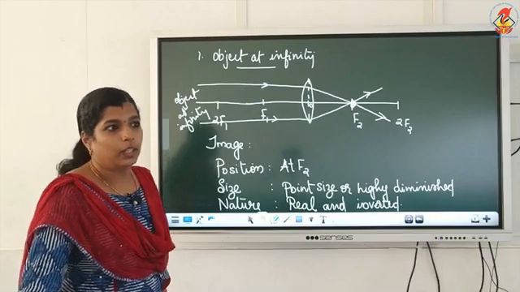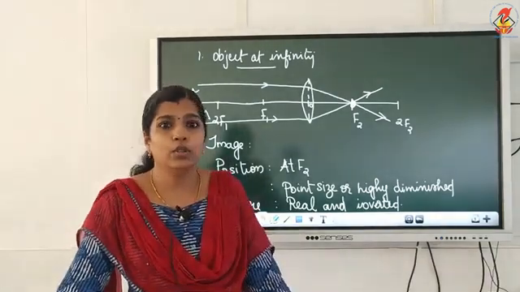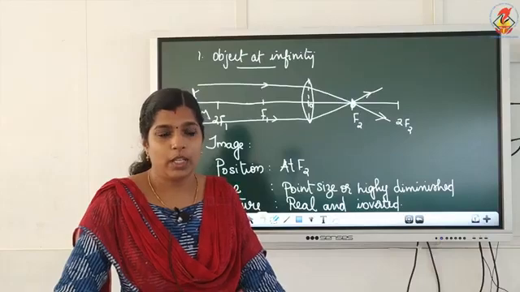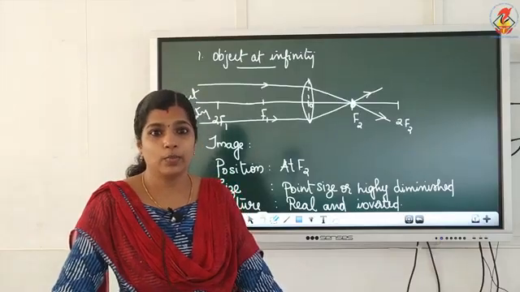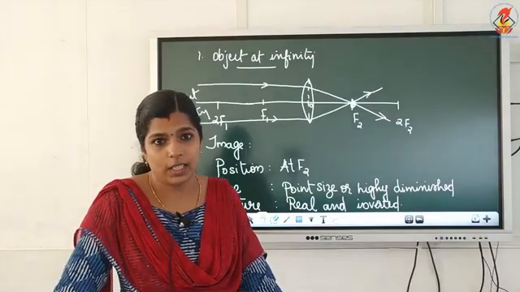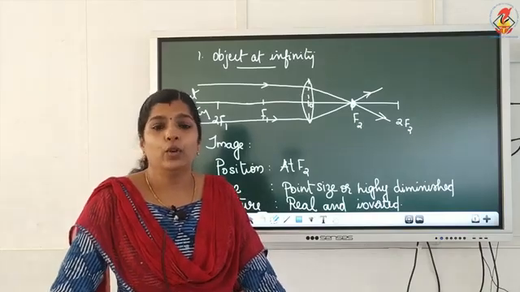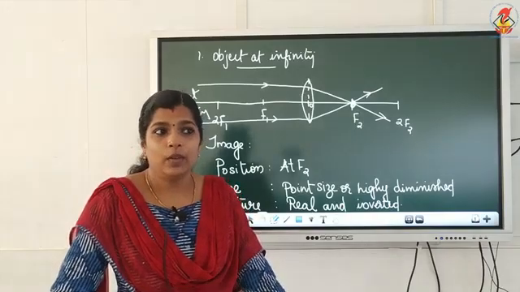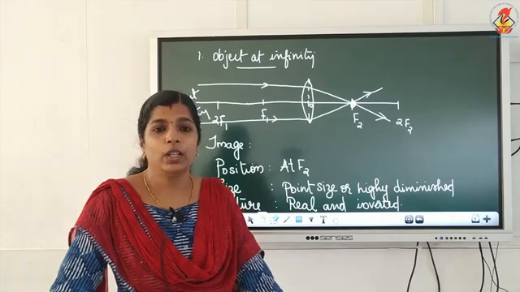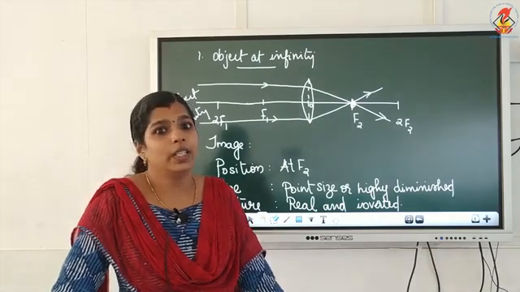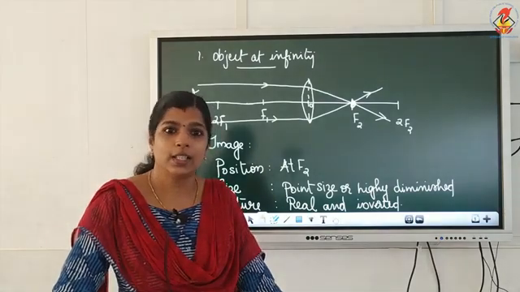When I told you to mark in a paragraph in the textbook, that is what will happen when sun rays pass through a convex lens, and if you hold the paper for a long time, it will catch fire. Actually, here the object is at infinity. We consider the sun as the object.